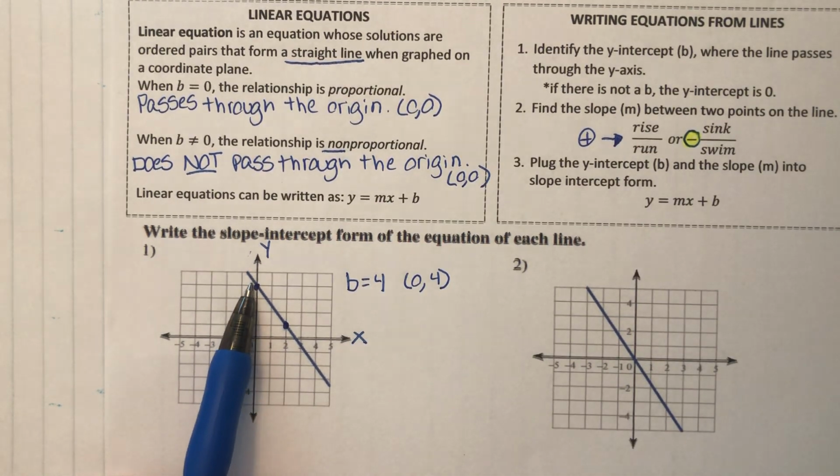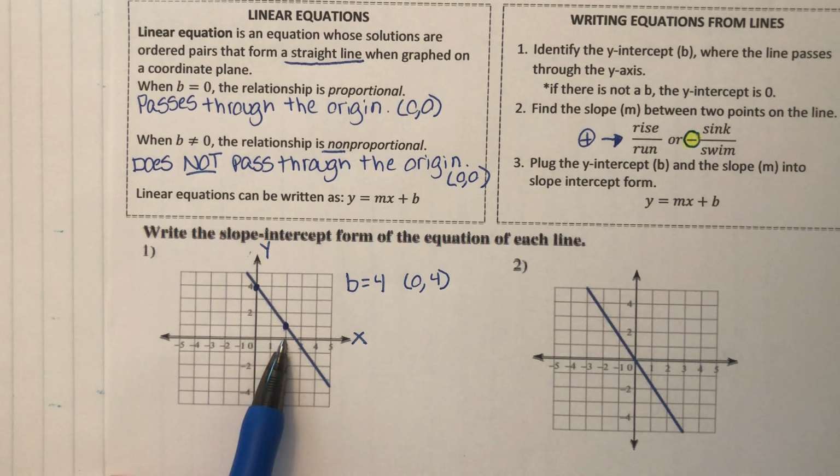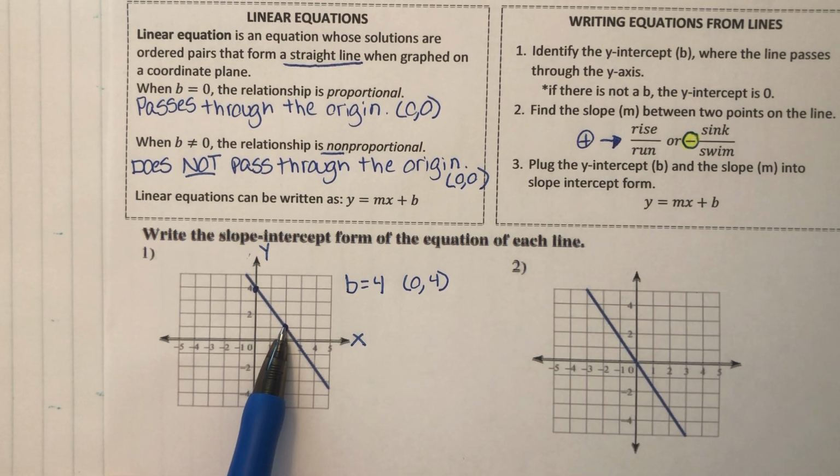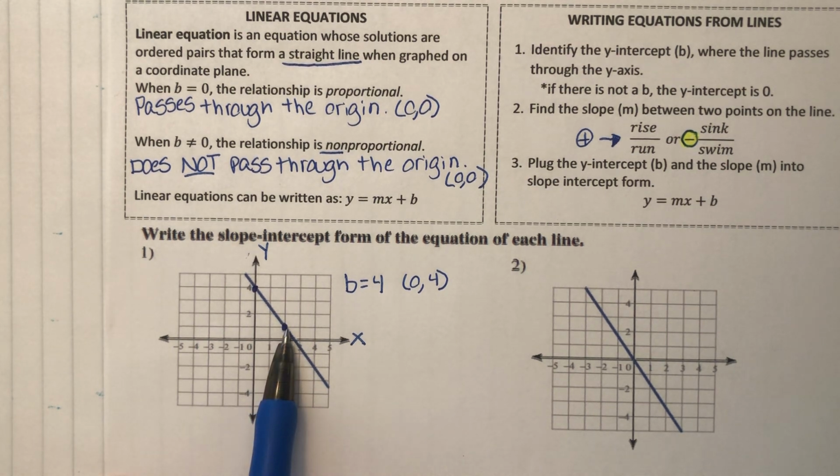Remember, anywhere on this line is a point, but we can't tell exactly where this is. This is somewhere between 0 and 1 on our x-axis, so I can't tell exactly what that number is. That's why we want to find one where it's going through all 4 corners.